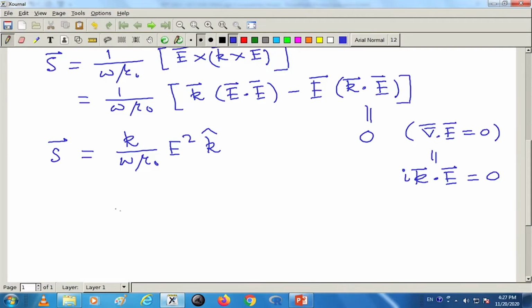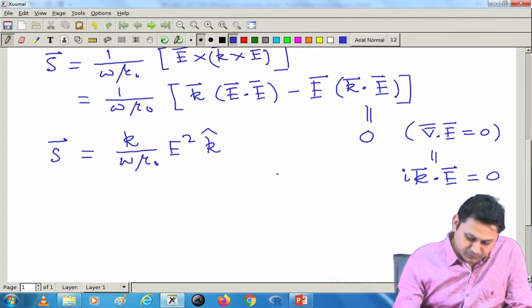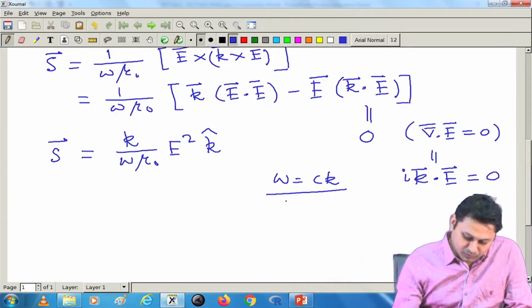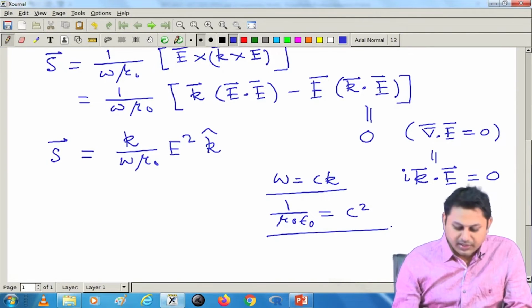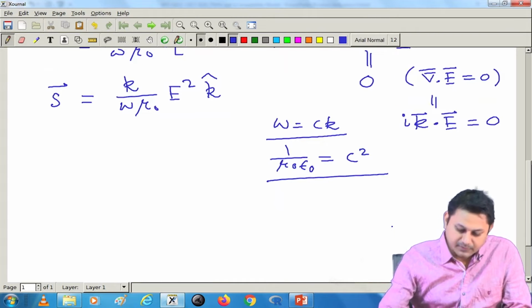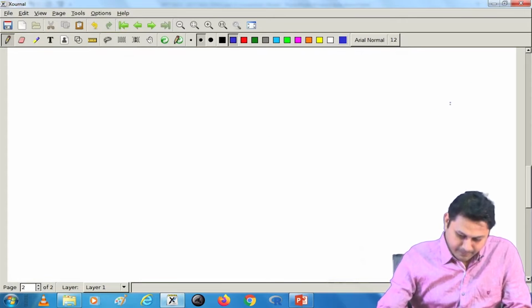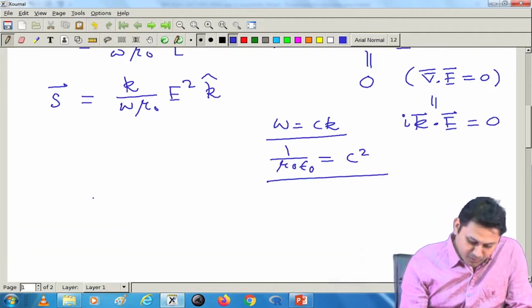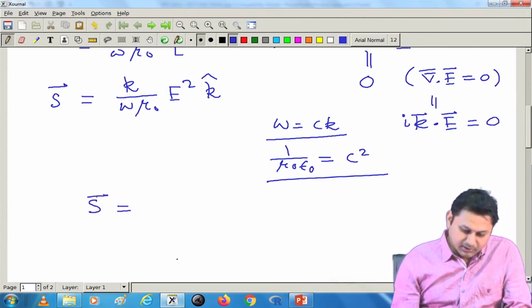Now, I can simplify this, because omega is equal to ck, that we know, this is the relation. Also 1 by mu 0 epsilon 0 is c square. I use these two equations to find the value of the Poynting vector S in a more compact form.